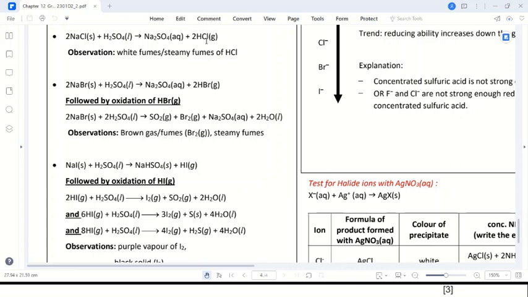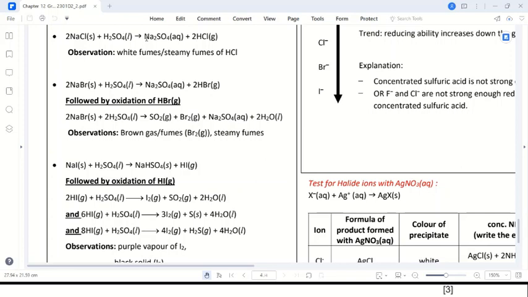But concentrated sulfuric acid is not strong enough to oxidize HCl, so it will only undergo this reaction, and this is an acid-base reaction. Why acid-base reaction? Because H2SO4 here donates protons.